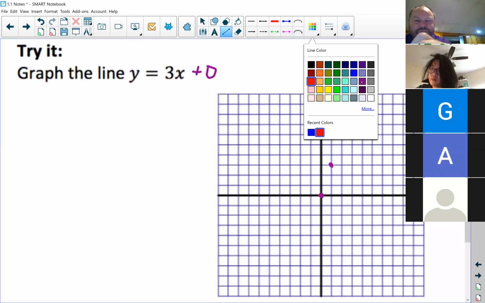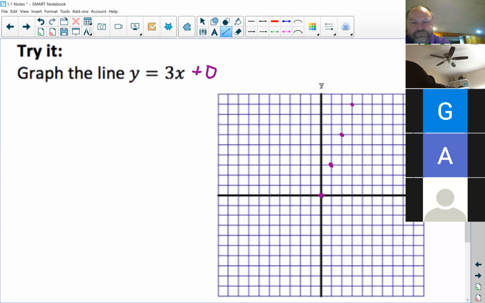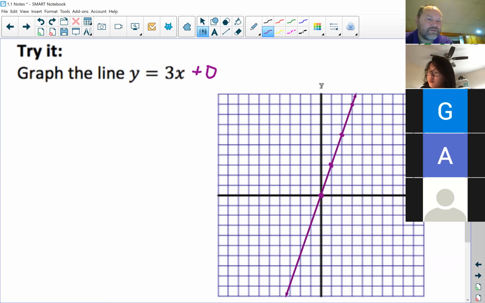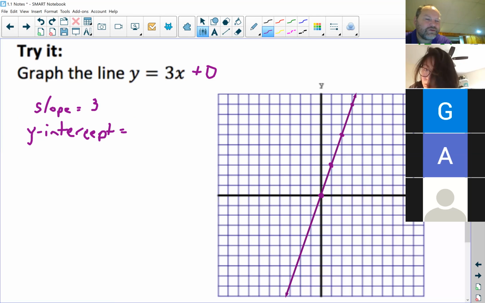And then I can draw my line. Slope is 3. Y-intercept is (0, 0).